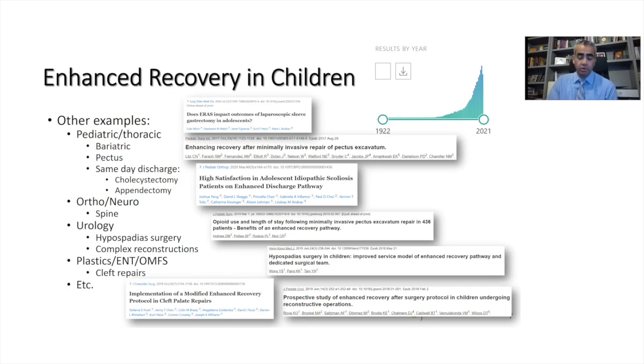For our pediatric orthopedic and neurosurgeons, there are now spine protocols for enhanced recovery. In urology, there are protocols for hypospadias and complex bladder reconstructions. And even for the plastics, ENT, and OMFS population, there are enhanced recovery protocols for cleft repair.